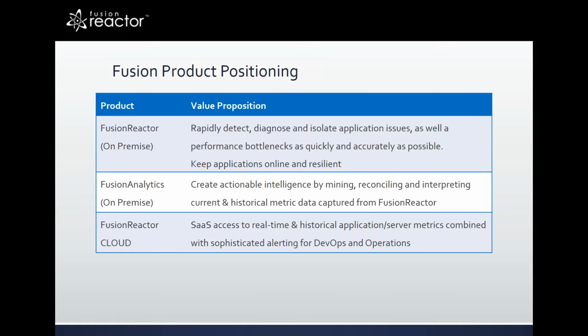FusionReactor really stands out by the fact that we've introduced now this low overhead debugger and the profiler, and with FusionReactor 7 we're going to be introducing a memory analyzer. And these were, or still are, really traditional developer tools which you'd only have in a development or test environment. And where we're going with FusionReactor is really by being able to provide those tools.